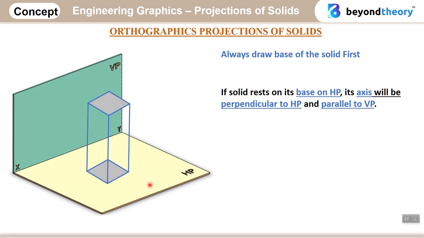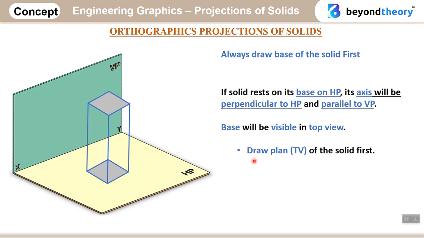Now, when we draw the orthographic projection, we have to draw the base of the solid first. And in this figure, we can see the base only in the top view. So, whenever the axis is perpendicular to HP and parallel to VP, we have to draw the top view first. Then only we will be able to draw the front view.